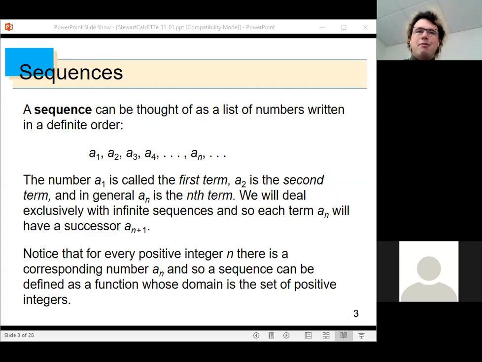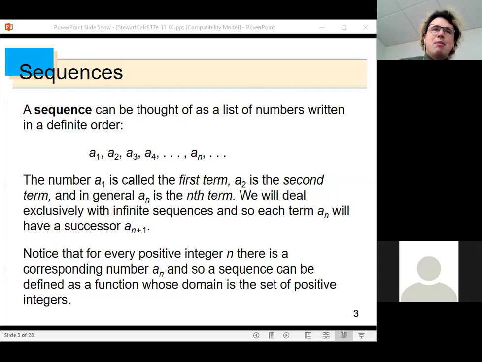The idea of a sequence is just a list of real numbers. And we like to talk about these very abstractly, but we'll be seeing some very explicit formulas in a couple slides from here.